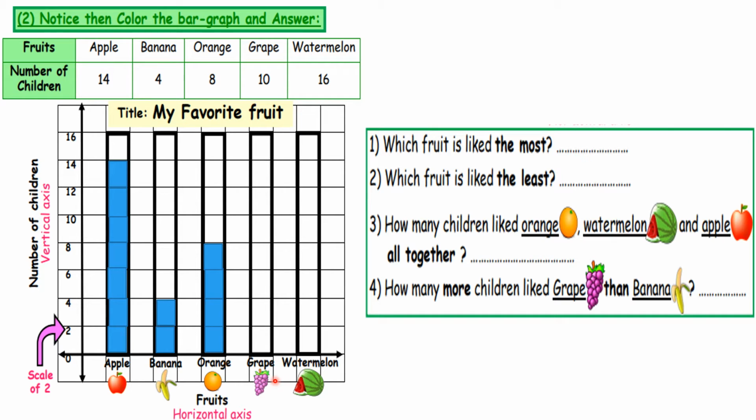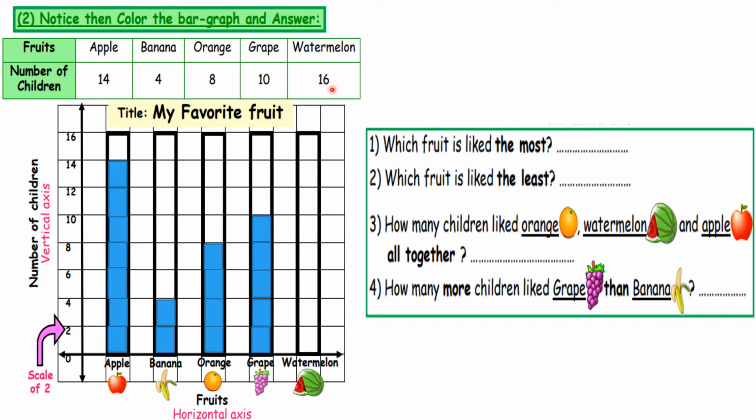Let's see how many like grapes. I have 10 friends like grapes, so I will color to reach number 10. 1, 2, 3, 4, 5 bars. So I colored 5 bars to reach number 10, because every bar here represents 2. Let's see how many like watermelon.